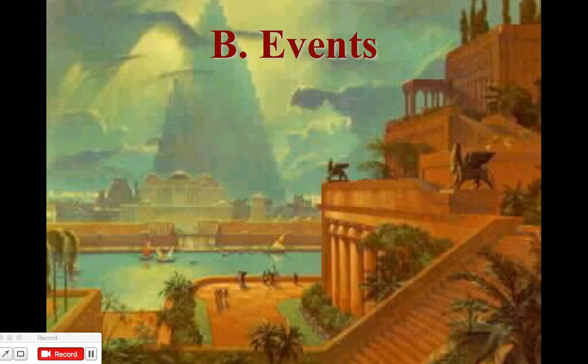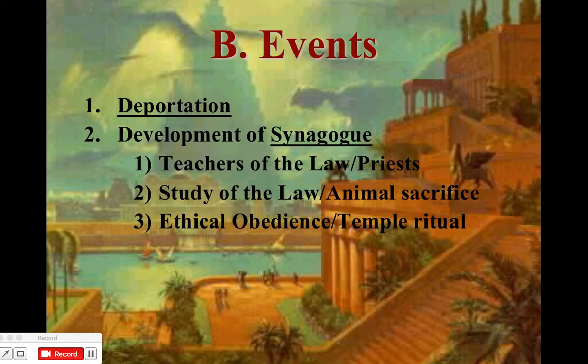Some of the events that came out of the Babylonian period were what is called the deportation. Now, the deportation is of the Jewish people. That's where they were moved from Jerusalem in the area of Judah to Babylon, and when they were deported, there was the development of what were called the synagogues.